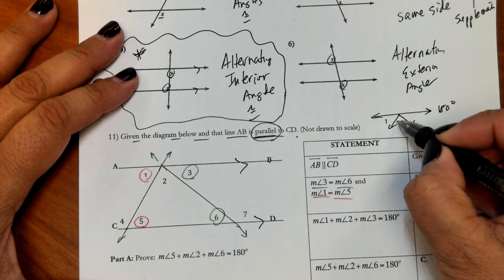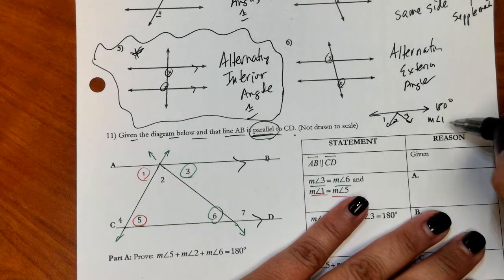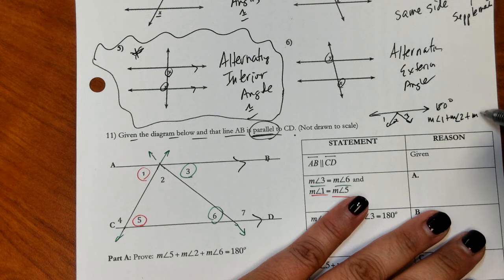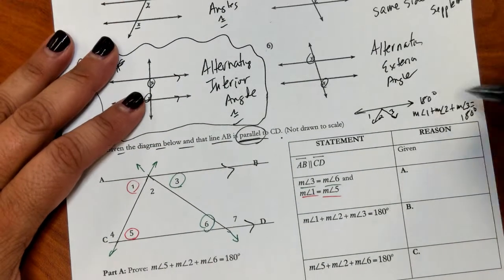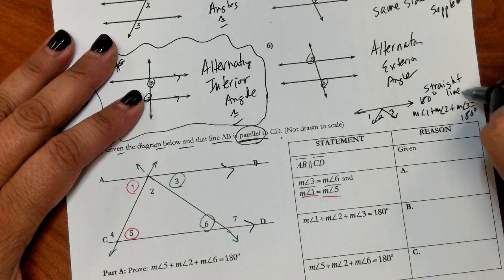So in this case, you need to know that the measure of angle 1 plus the measure of angle 2 plus the measure of angle 3 is equal to 180 degrees. Okay, so that is called your straight line theorem.